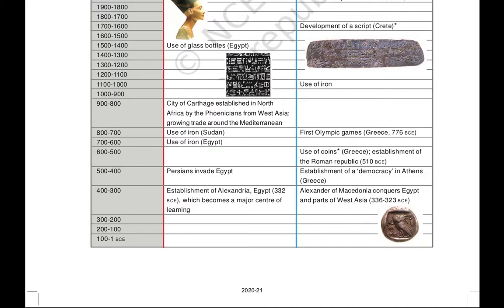In Europe, Alexander of Macedonia conquers Egypt and parts of West Asia, 336 to 323 BCE. Then 302 onwards, 1 BCE.